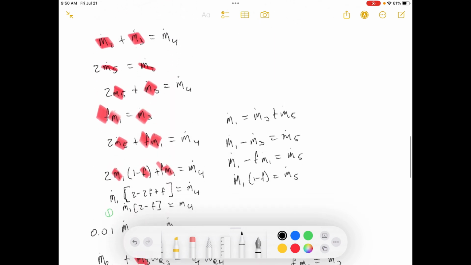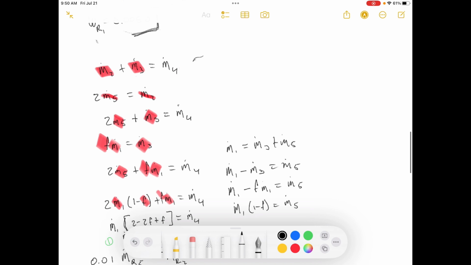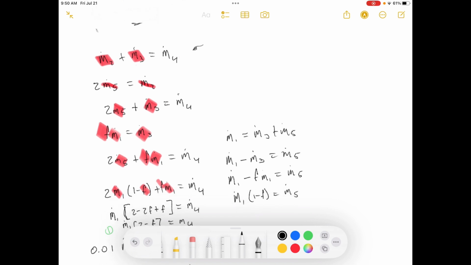First off, I start with an overall balance, and then I start substituting in variables that we know relate back to M1 and F. I'm going to try and get rid of all of the extra stuff we've got in here, like the M3 and the M2. I highlighted the unknowns, and then I tried to substitute in variables that I could eventually relate back to M1.